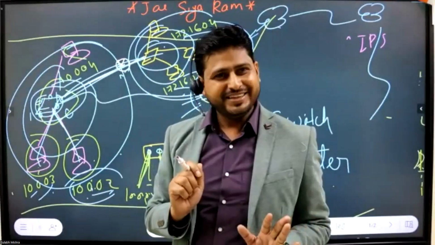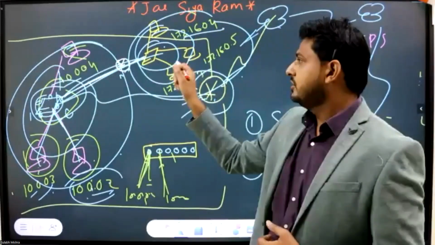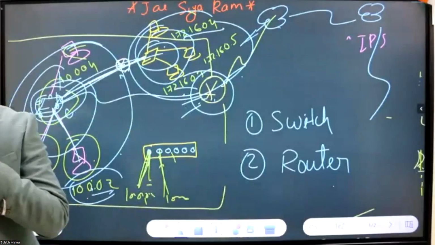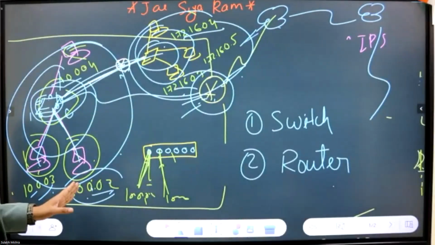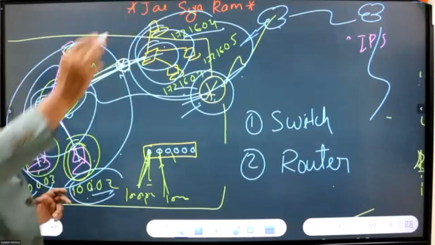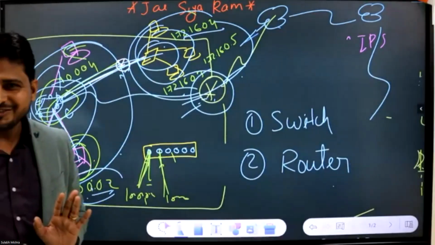If this network has this IP range and this network has this IP range, you deploy the router. So manually we need to give the IP to the systems, right? Either manually, or you may have a DHCP server, through which the same range of IP will be assigned. Okay. Yes or no?